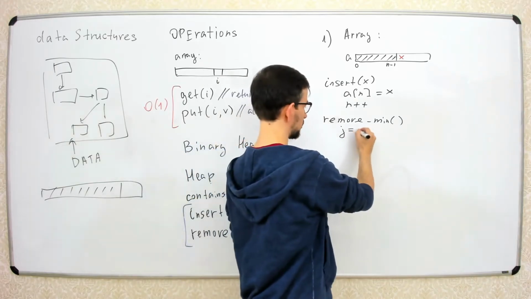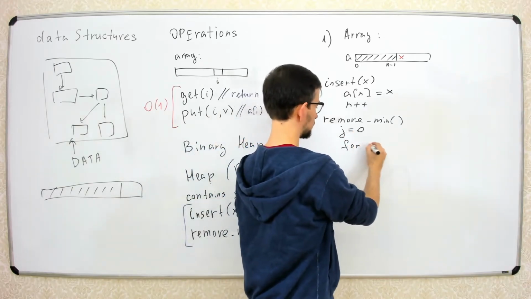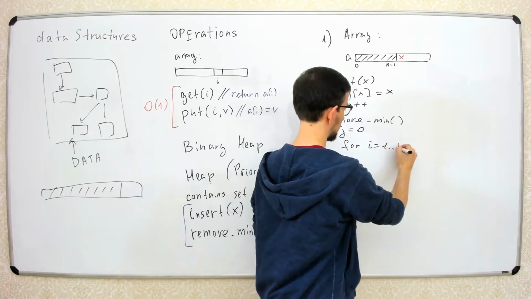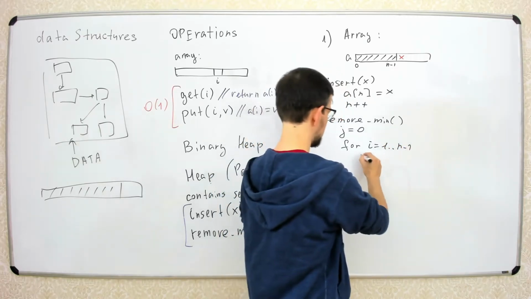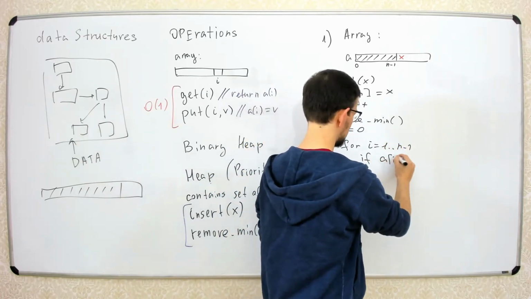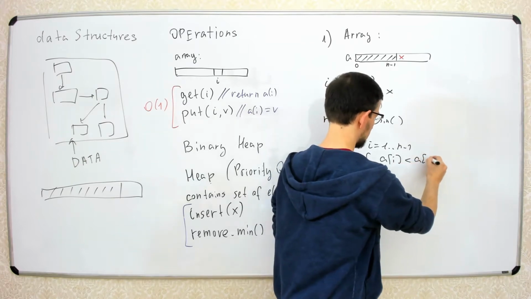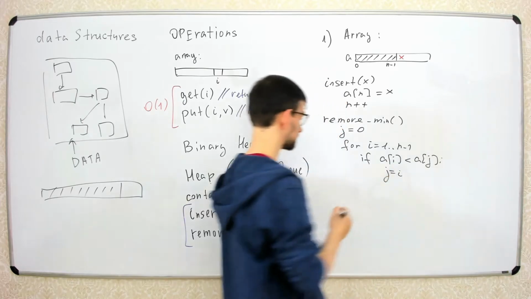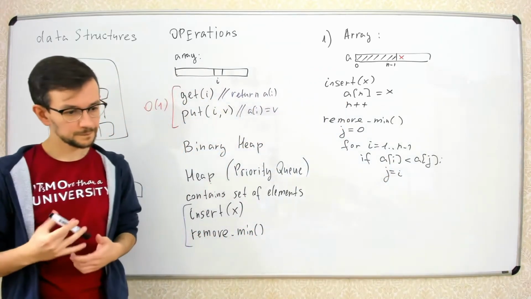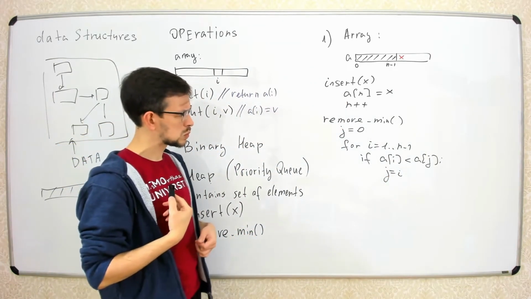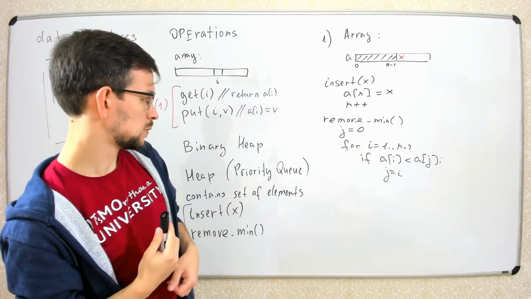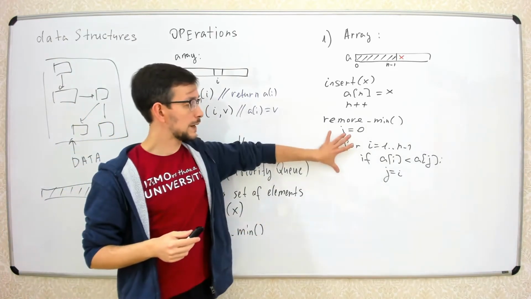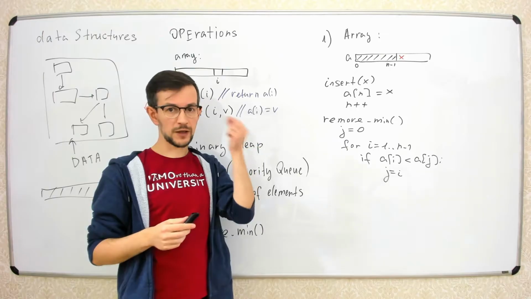So first j equals 0, then we iterate over all elements from 1 to n minus 1 and see if this element is less than this element, then update the minimal. It looks fine.